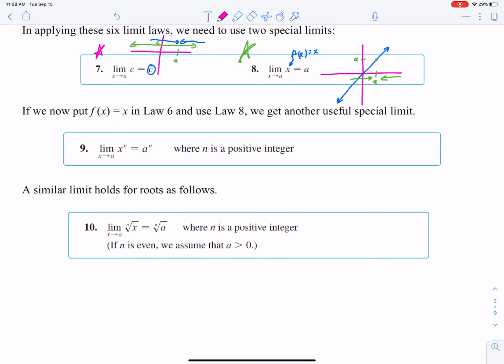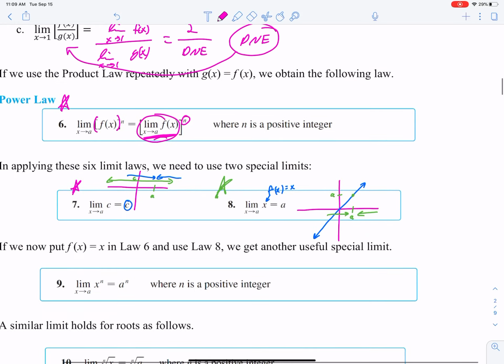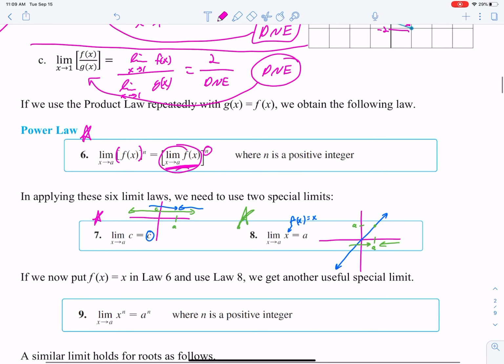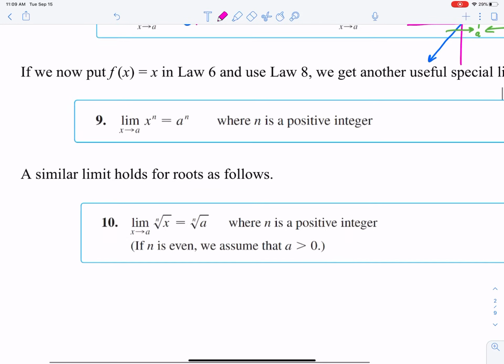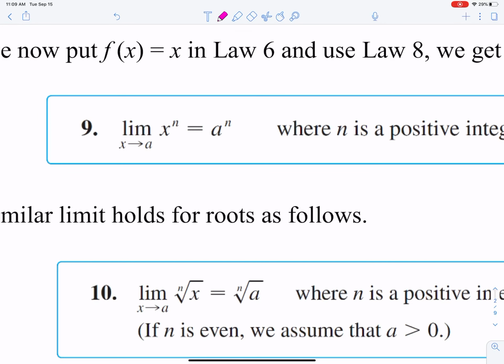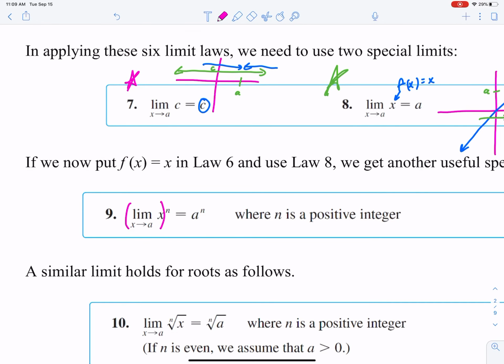Let's see. So if we now put f of x equals x into law 6 and use law 8, so here we go, 6 and 8, so it's using the exponent rule, we get this one, right? So it's the same thing as simply saying, take that limit, which we know by rule number 8 is a, and we get a to the n.